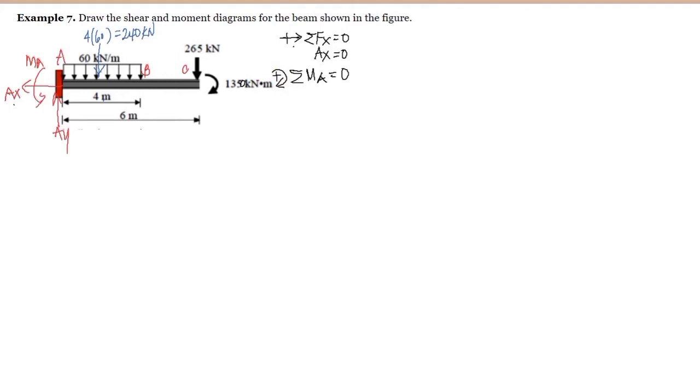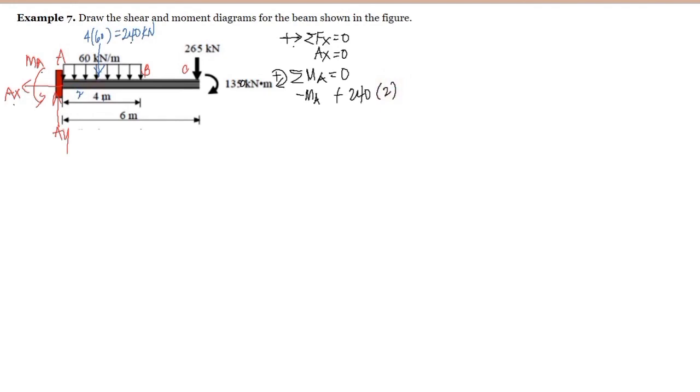Then we have here the moment at A, we assume that it is counterclockwise, so that is negative. And this 240 kilonewton here will rotate clockwise, so it's positive 240 multiplied by the moment arm. The moment arm is just half of this 4 here, so that's 2.